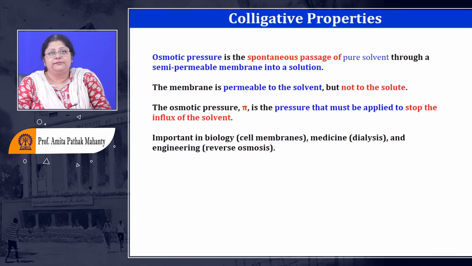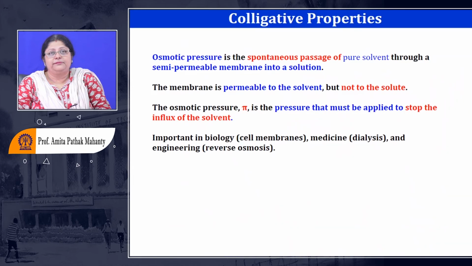So in conclusion, what is written: the osmotic pressure is the spontaneous passage of pure solvent through a semi-permeable membrane into the solution. What is the fallout of this? This membrane is selectively permeable to only the solvent and does not allow the solute particles to pass through it.